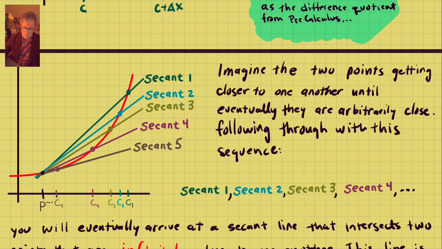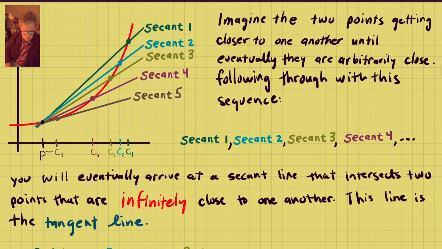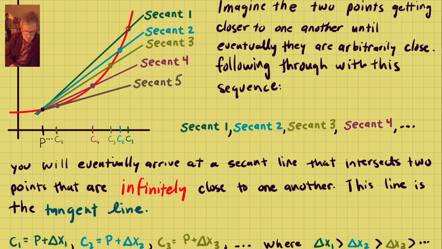The 2 points are going to get closer and closer until eventually they're arbitrarily close, almost on top of each other. So you have secant line 1, secant line 2, secant line 3, secant line 4, all driven by this point and the successive series of points you get as you move these points closer.